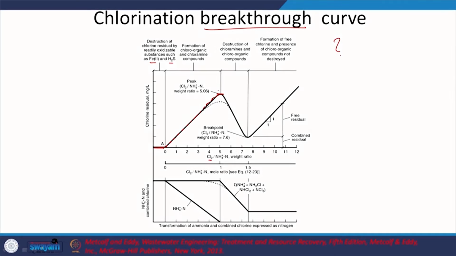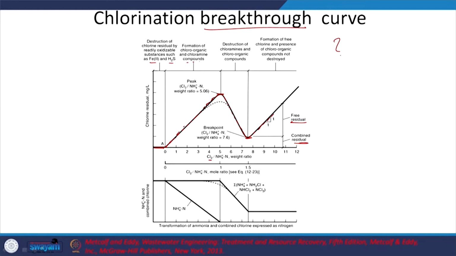So, you are not going to have any chlorine left after a certain point, right. That is going to decrease. That is why you see that the chlorine residual is decreasing, and this is the break point. After that, whatever you add will stay as free chlorine, right. So, that is something to keep in mind: free residual and combined residual.